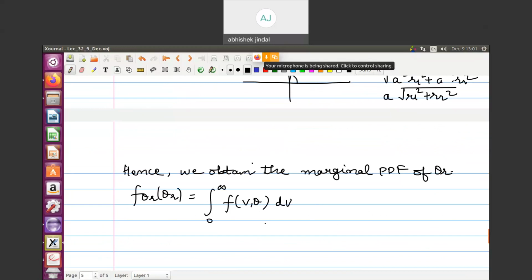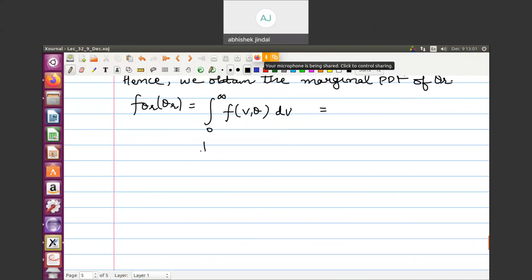So the answer you get is equal to 1 upon 2 pi, e raised to power minus of twice of E by N naught sine square theta r. This should be E divided by N naught, otherwise it might seem to you that sine square theta r is in the denominator.